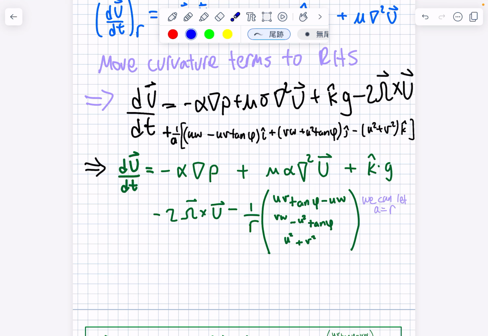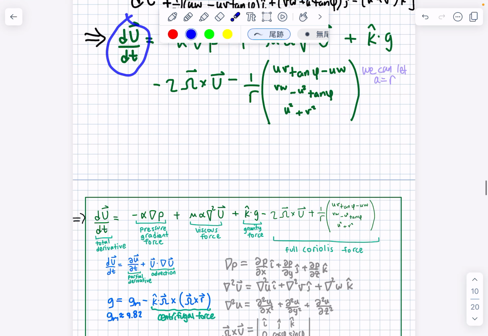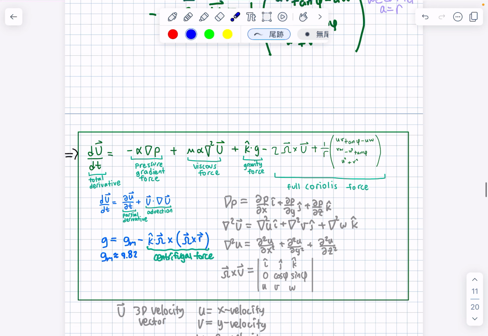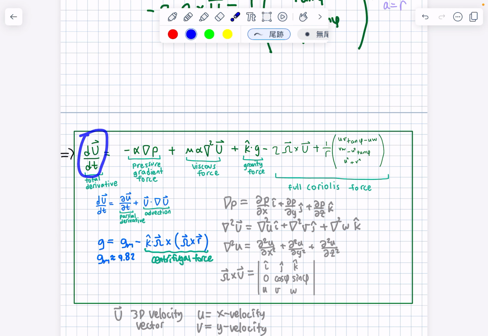So to summarize, we have the total derivative, which is du vector dt, equal to the pressure gradient force plus the viscous force or friction force plus the gravity force, which also includes the centrifugal force inside of it. When the k gets multiplied in, you only have this g in the z direction.